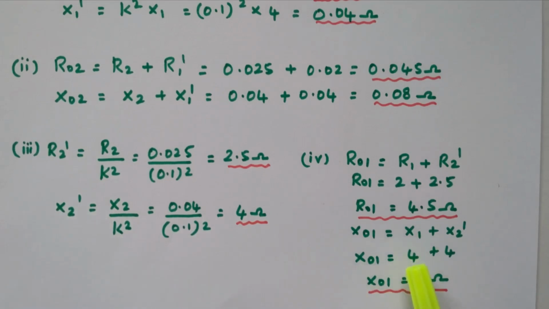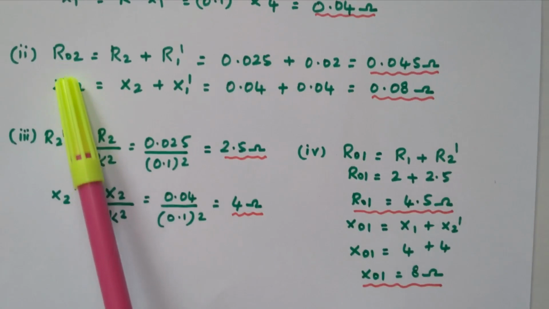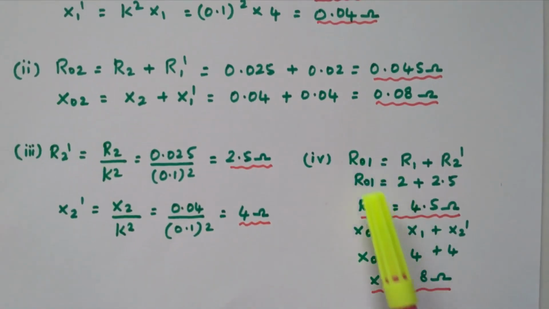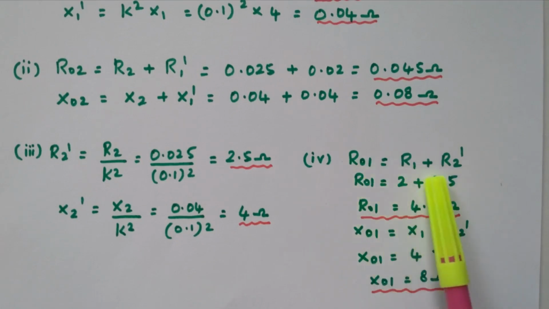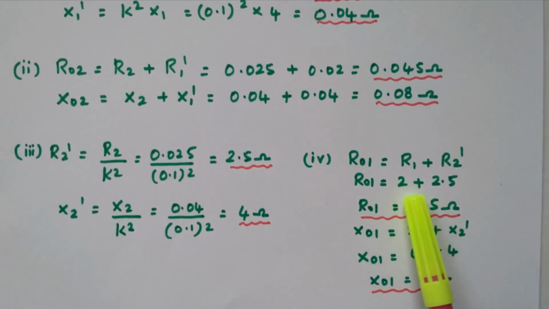Now we will find the fourth one, total resistance and reactance referring to the primary. These two are secondary, the total resistance referring to the secondary. This one is referring to the primary. So R01 equal to R1 plus R2 dash. R2 dash means secondary resistance transferred to the primary. R1 is 2 ohm.